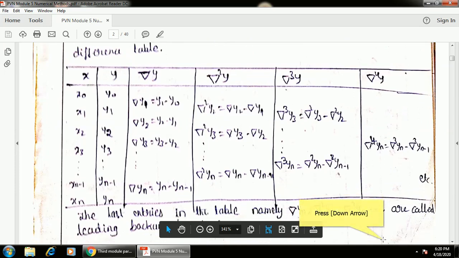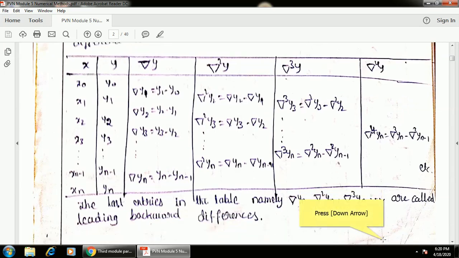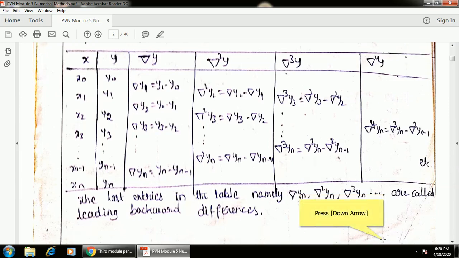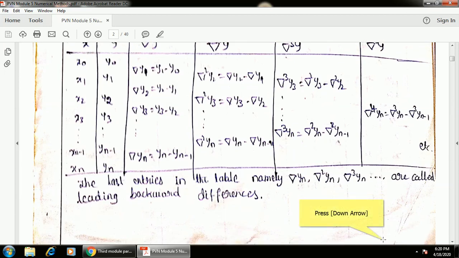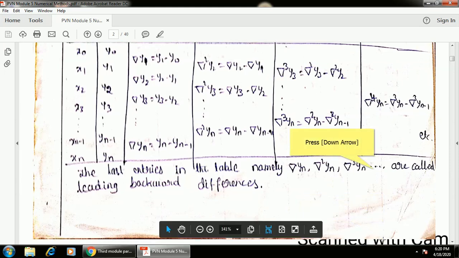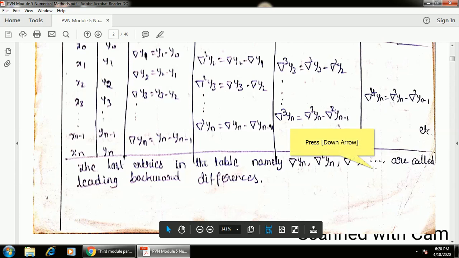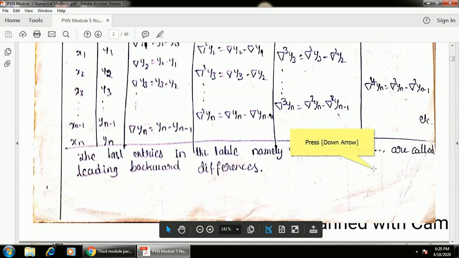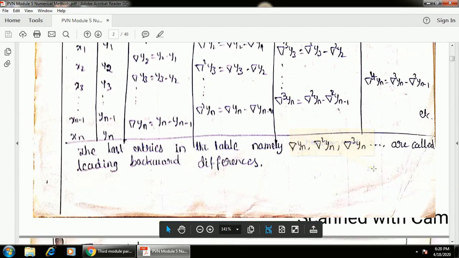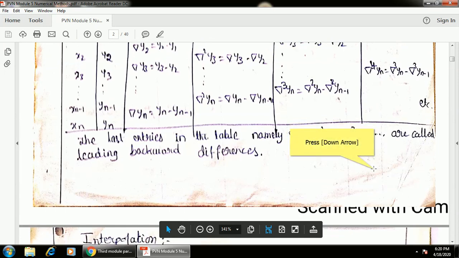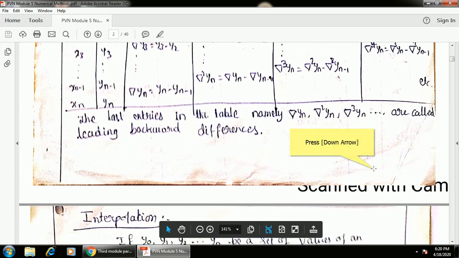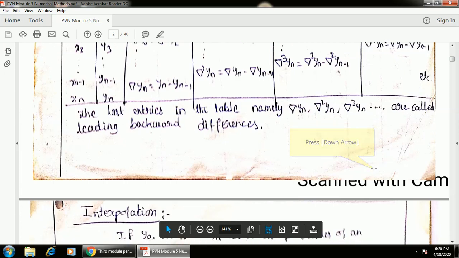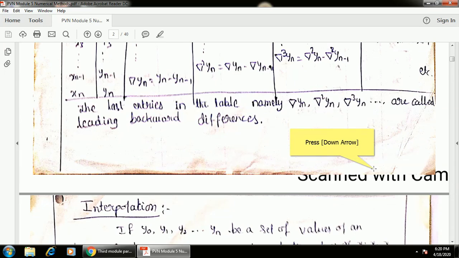In the forward difference table, the first entries are the leading forward differences, and the last entries in the table are the leading backward differences.